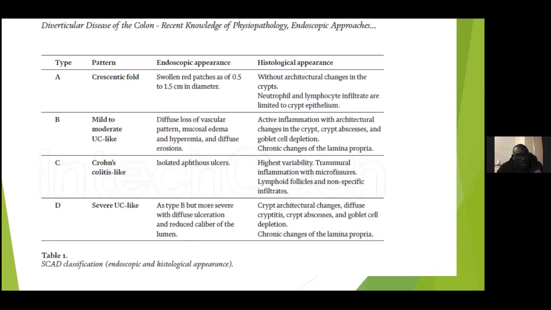Then type B is a mild to moderate UC-like pattern. Type C is a Crohn's-like pattern. And type D is a severe UC. The ones that commonly progress and have wider implications are mostly type B and type D. They can progress to more severe disease.